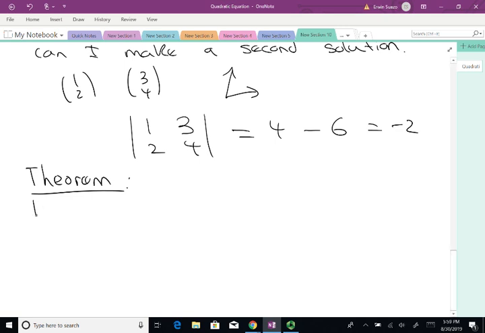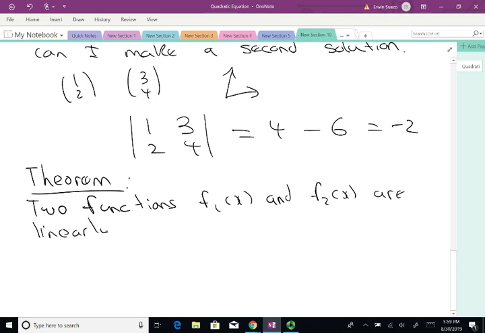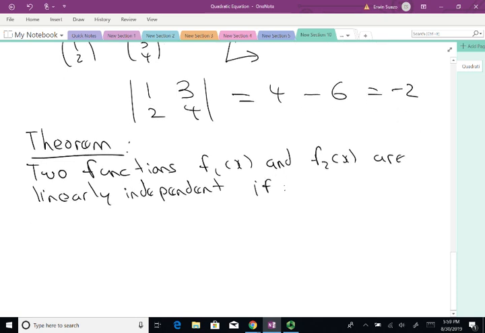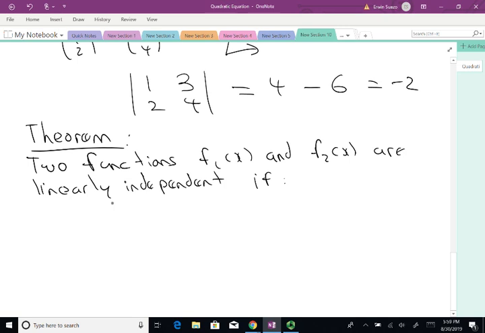Two functions, f1 of x and f2 of x are linearly independent if you take the function f1 of x, no derivative, and you take the other function f2 of x.